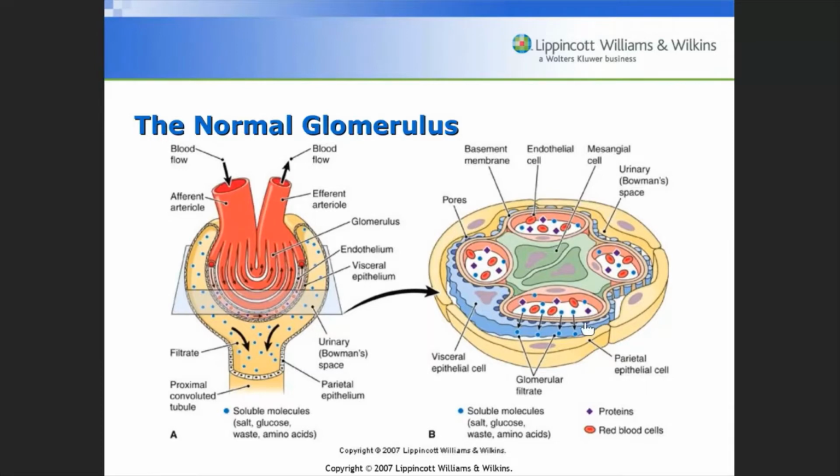And a lot of renal pathology is associated with the glomerulus. You can have expansion of the endothelial layer, or immune cells recruited here.